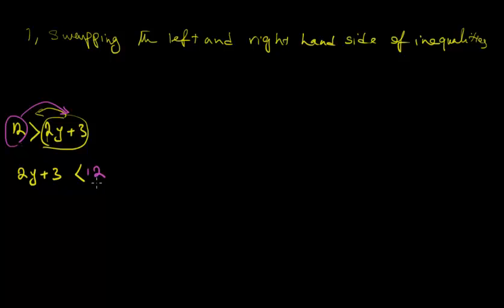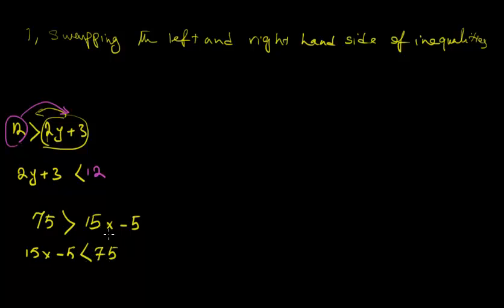Now this is the first situation in which we need to swap the sign. Let me put another example here. Let's say we have 75 greater than 15x minus 5. Again, we swap the sign. We'll have 15x minus 5 is less than 75.